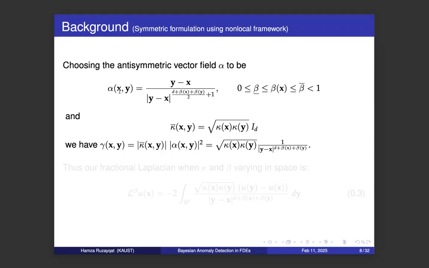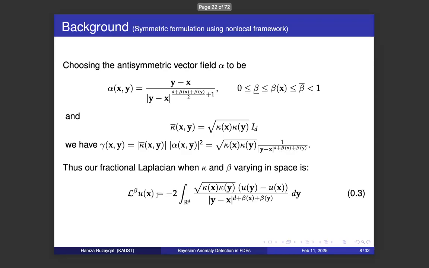So with this choice of alpha and the choice of kappa, we have gamma of xy to be the square root of kappa x, kappa y, divided by the norm of y minus x to the power d plus beta x plus beta y. And finally, our fractional Laplacian, where now kappa and beta are varying in space, not like the first case, is given by this operator.